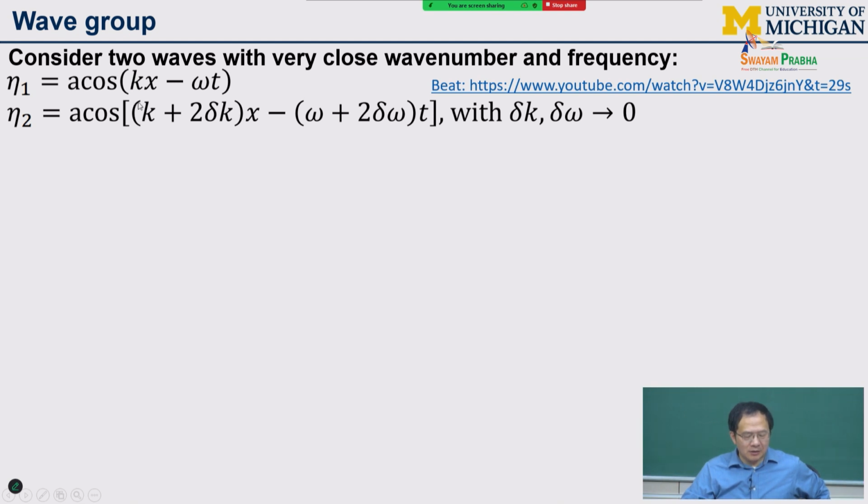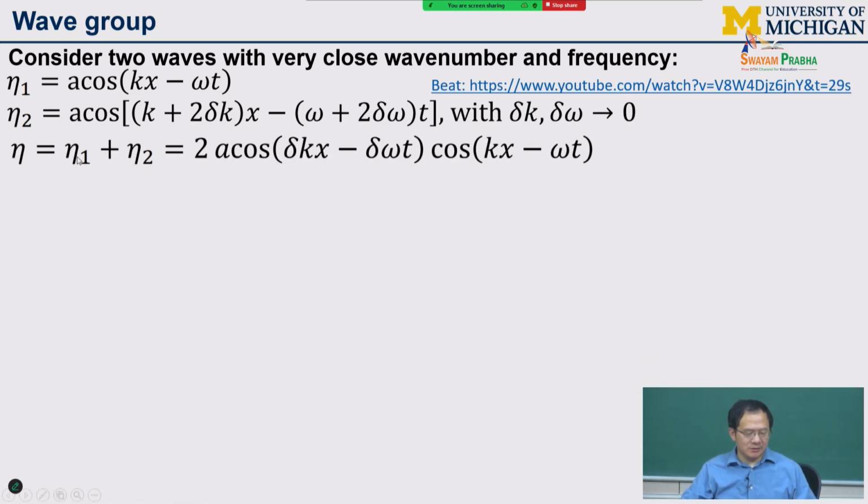And now the wave number changes slightly, and the frequency changes slightly. Now you have two waves, right? And when these two waves are added together, using the mathematical equation, it becomes this form, right?